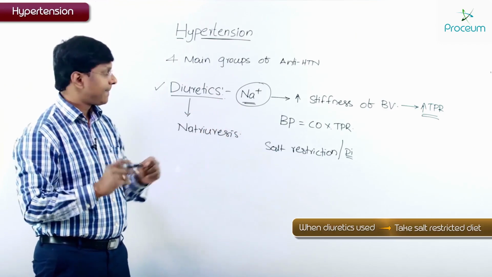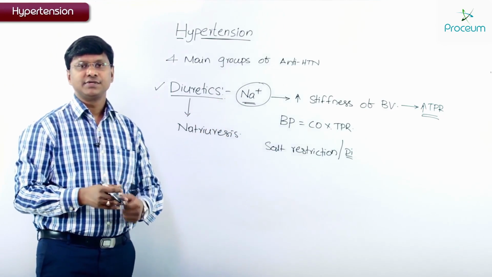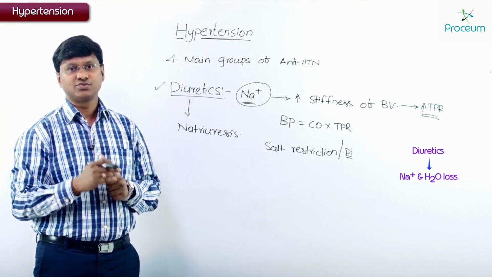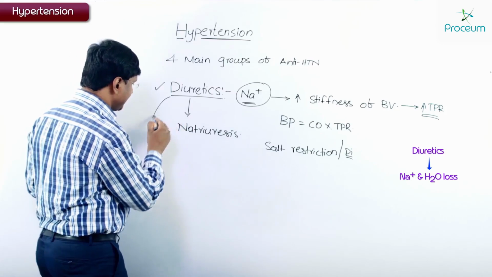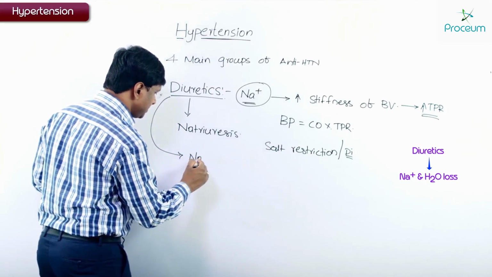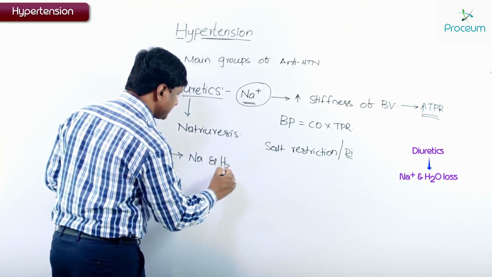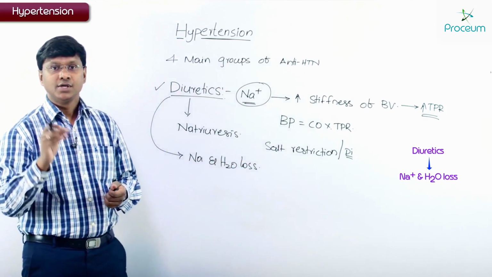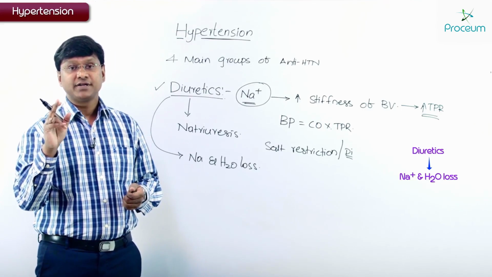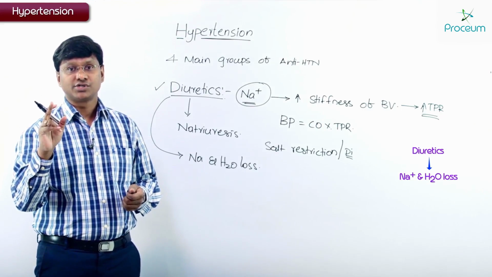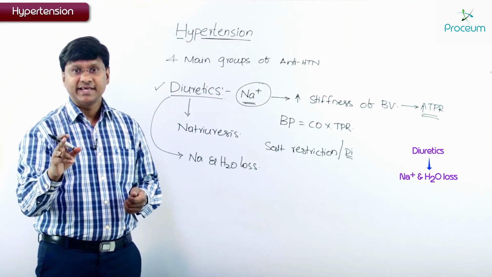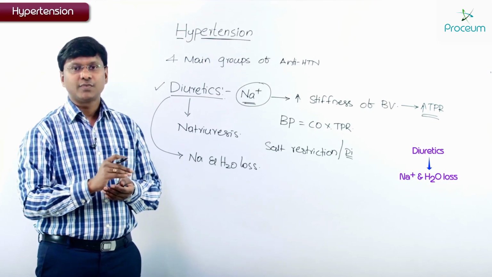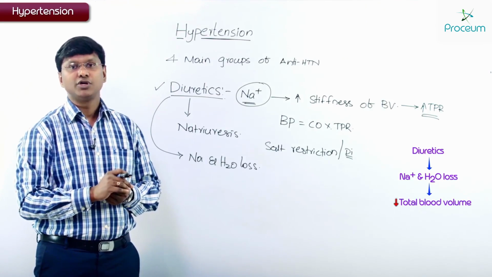Another important point is that initially diuretics cause sodium as well as water loss. This sodium and water loss will decrease the cardiac output, because once there is water loss, the total blood volume reduces.